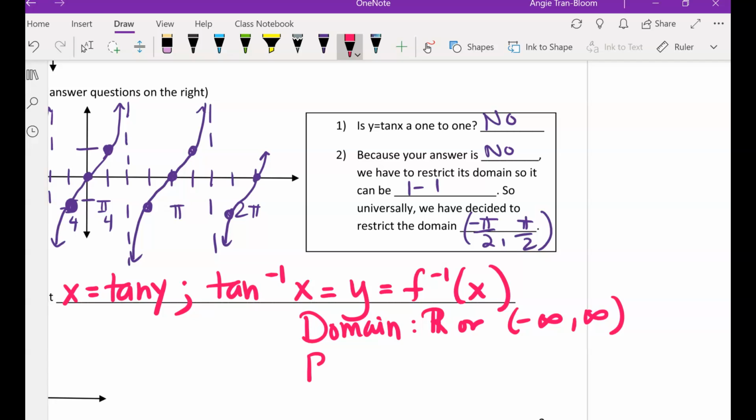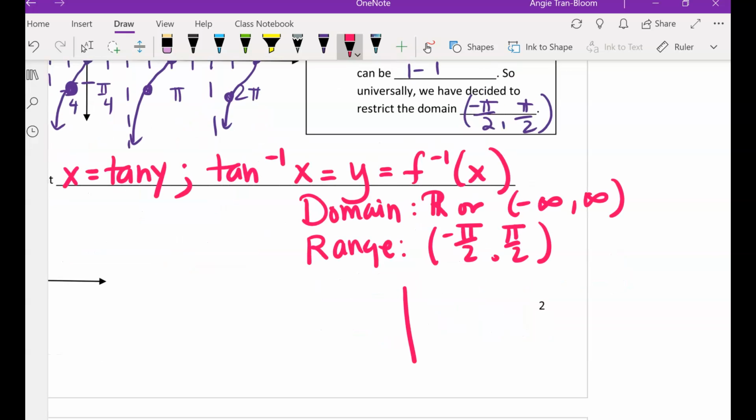Then what's the range of the inverse? Negative pi over 2 to positive pi over 2. You're right. Okay. And again, I normally refer to these as quadrants as well. What two quadrants do you think tangent inverse is bounded by? 1 and 4, right?